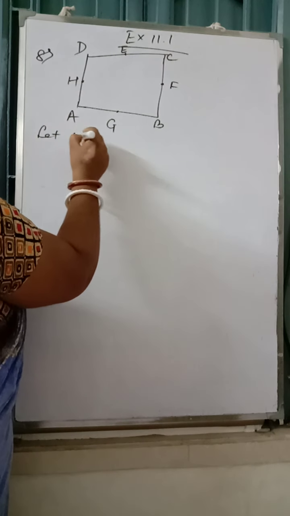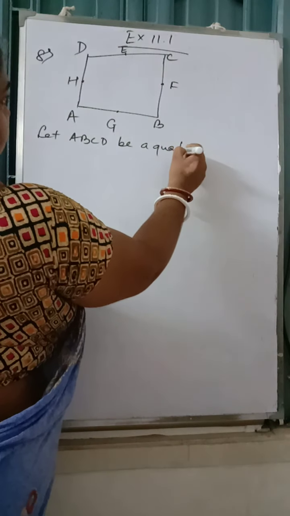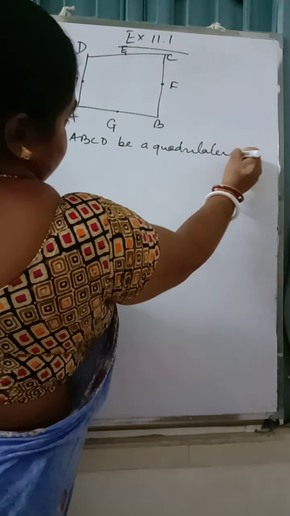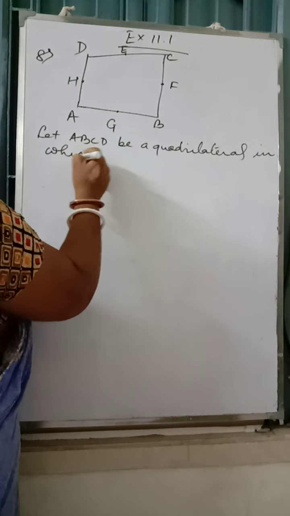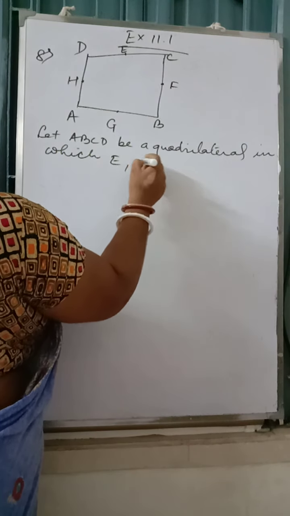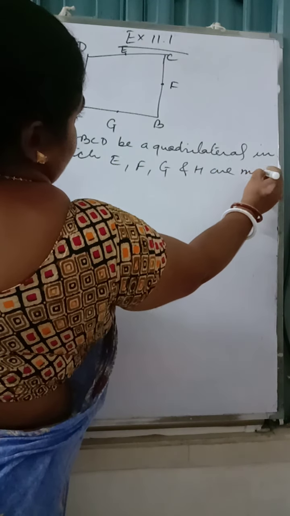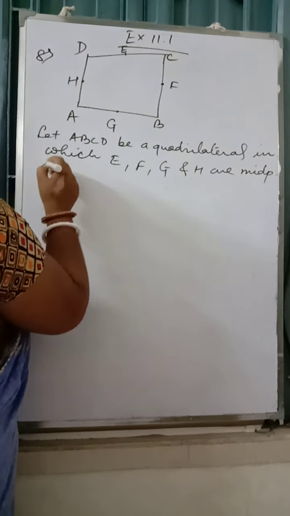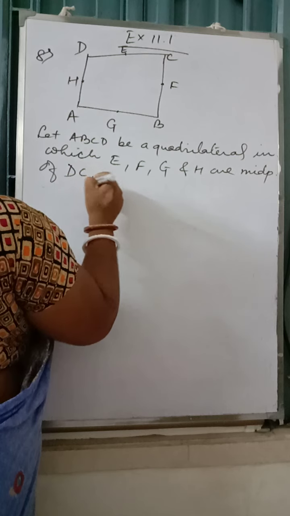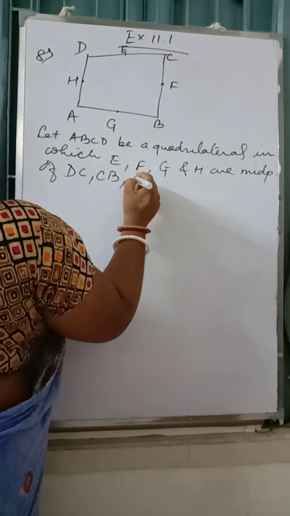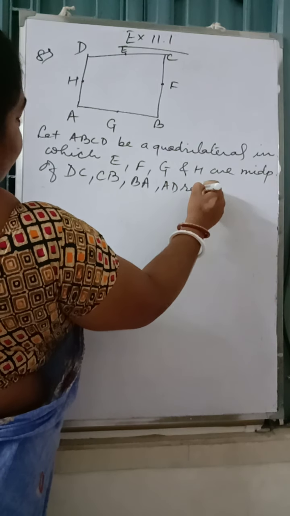Let ABCD be a quadrilateral in which E, F, G and H are midpoints of BC, CD, AB and AD respectively.